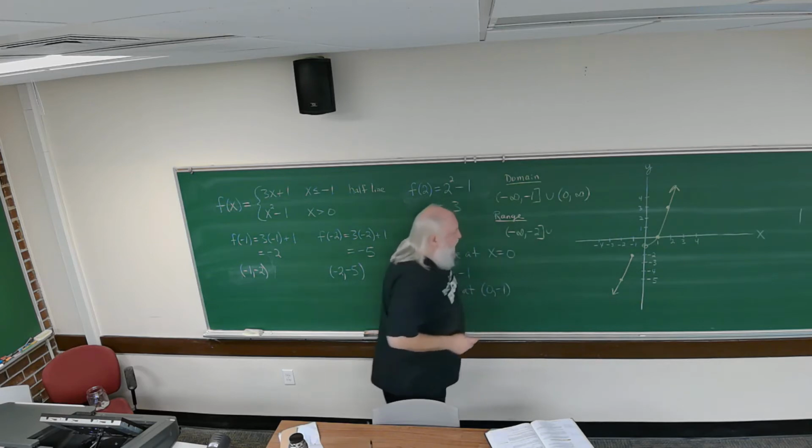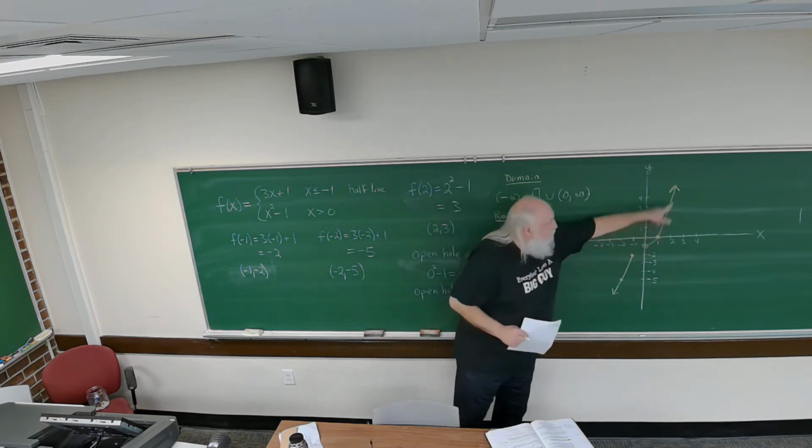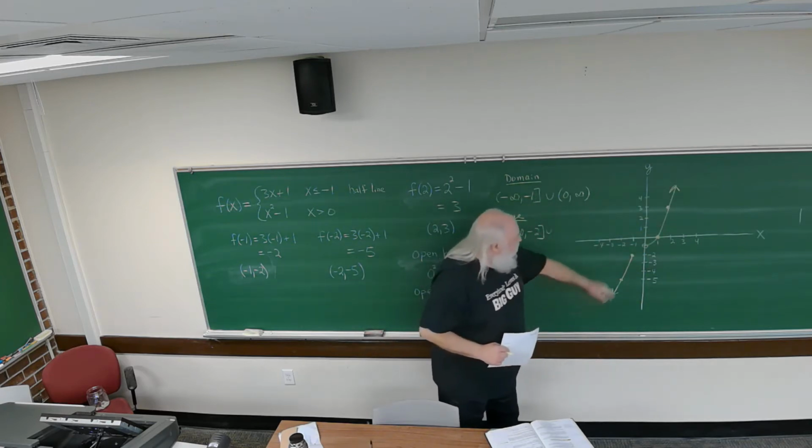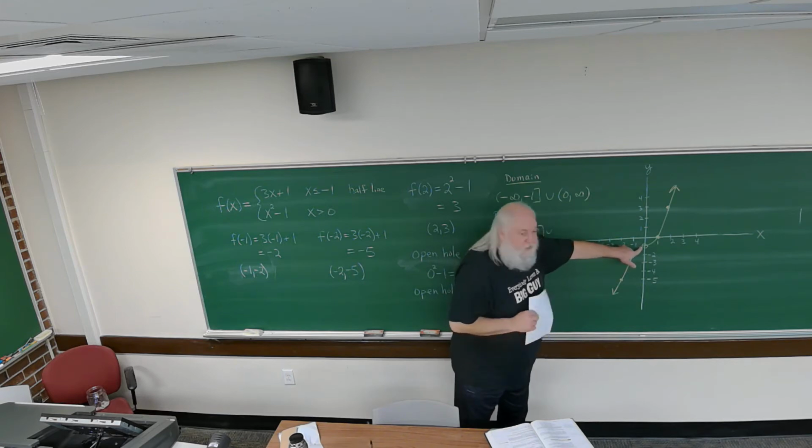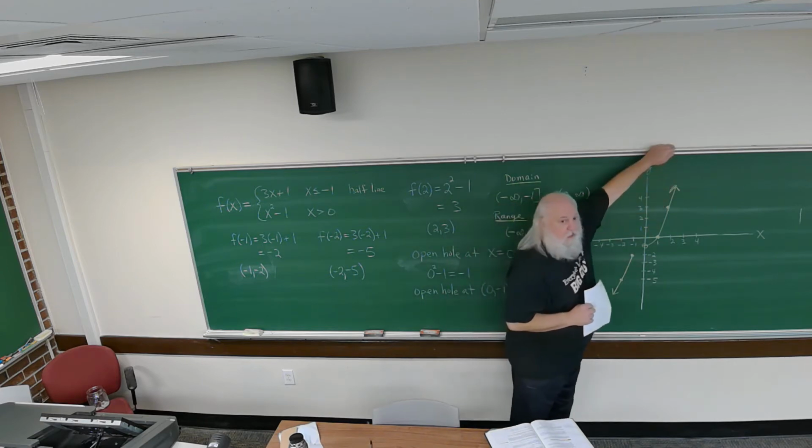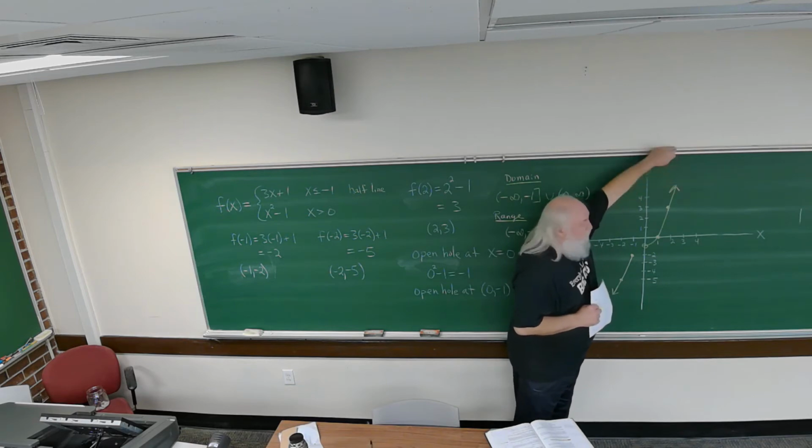And then we got to add to that the range from this part of the graph. And strictly speaking, -1 is not in the range because it's an open circle. There's no maximum y value, so the range would go to infinity.